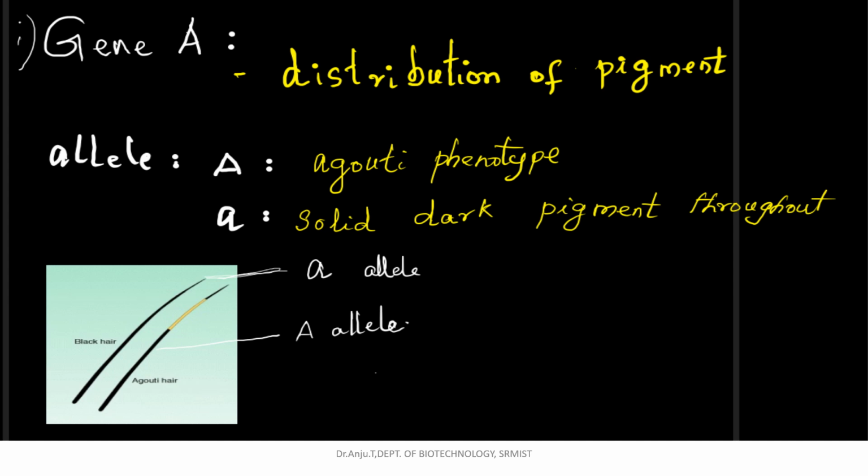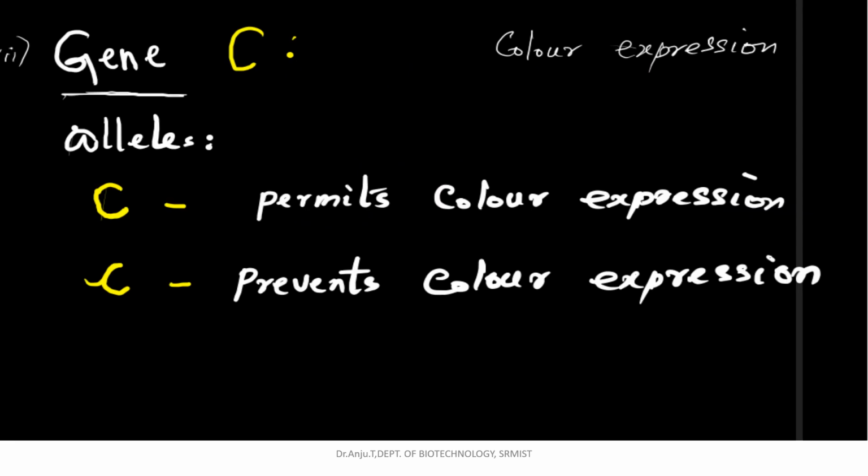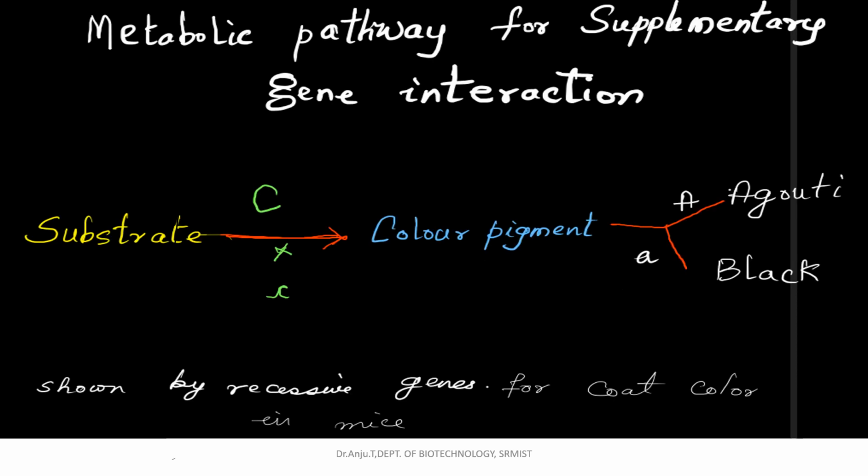So this black hair is because of the recessive allele, and the agouti pigmentation is because of the dominant allele capital A. The gene C is responsible for the color production, that is color expression. So the dominant C permits the color expression, whereas the recessive c allele prevents the color expression.